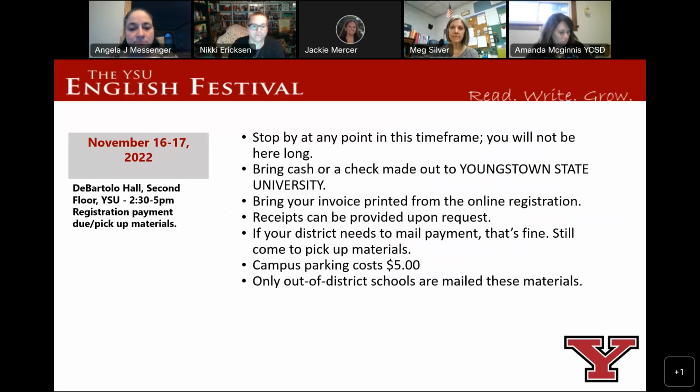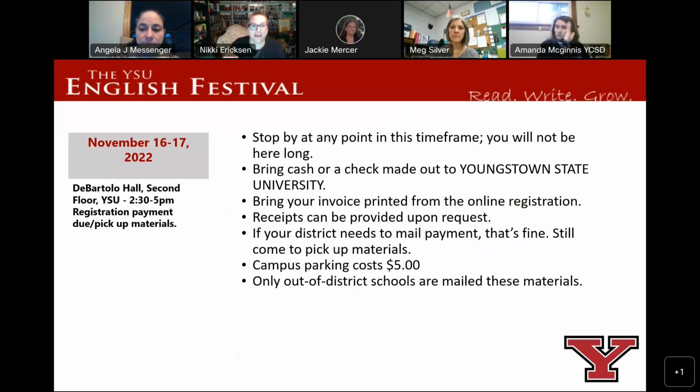There's also metered parking along Fifth Avenue in front of Crest. And generally by that time of day, it's relatively empty. So you could park there and then just walk up the hill to DeBartolo. So there are a couple of choices for metered parking along the outskirts of campus, but still on campus.